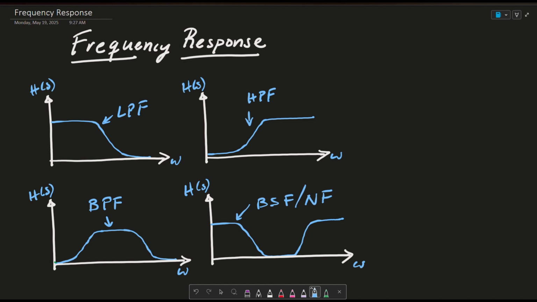Essentially, this is going to be an overview of frequency response: why we need it, what it is, and the type of applications it's needed for.